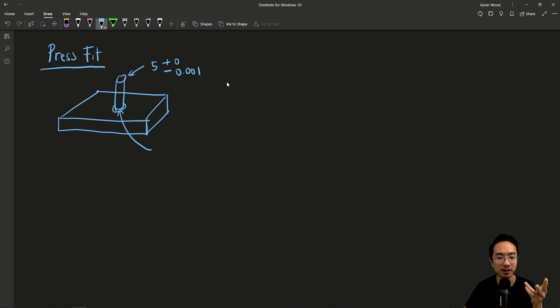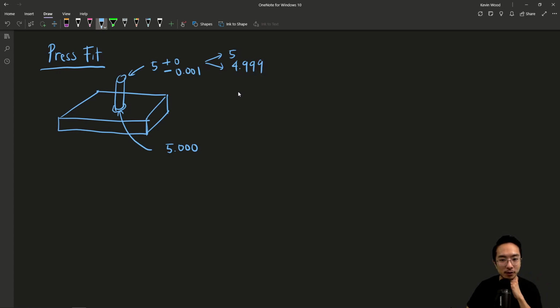With the press fit example, we want to have our nominal diameter already a little bit on the small side, or just right. So we can make our hole 5.00 to start off with. And then we already know here that you're gonna have an upper limit of 5 and a lower limit of 4.999.